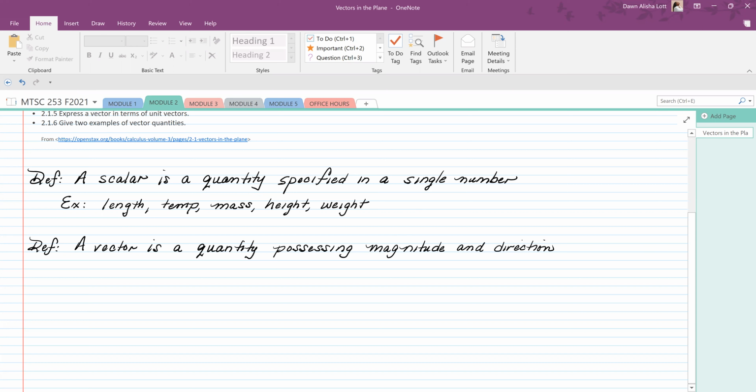Okay, so it's a vector and it's directed by a line segment. So a vector is directed by a line segment.